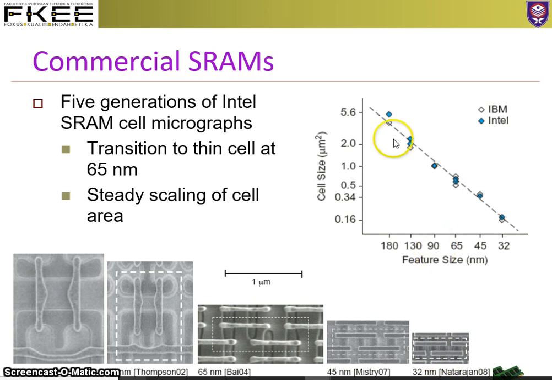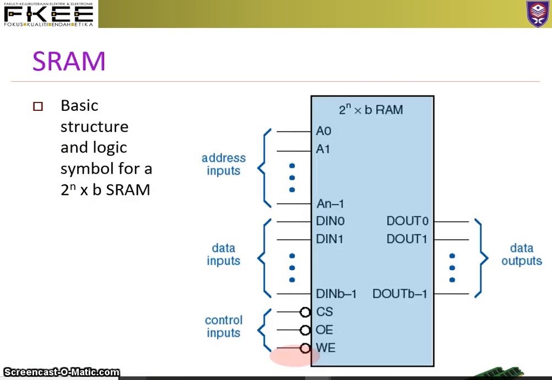So with a smaller size, the cell size, if you look over here, is shrinking. With this we can reduce the area and we can increase the memory capacity. So this is the basic structure of SRAM.